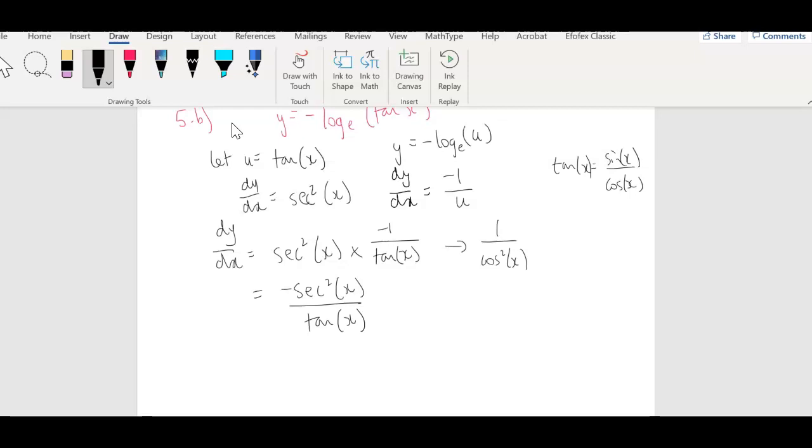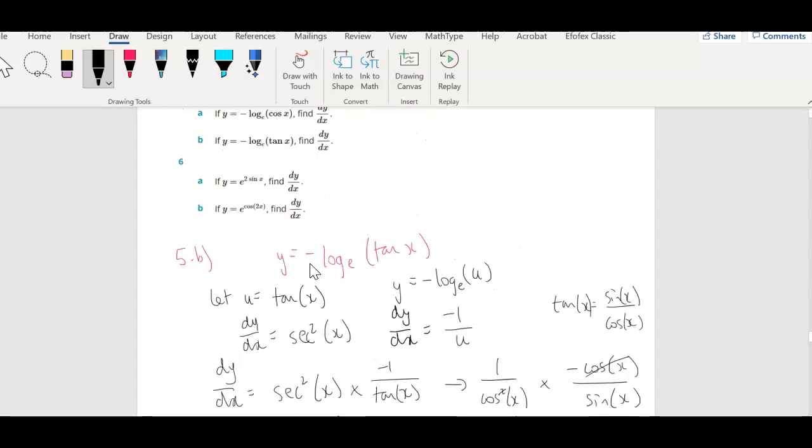So what I can write here, instead of -1 on tan x, that is the same as negative cos x on sine x. So I've just done the reciprocal because we've got 1 on tan x. So instead of being sine on cos, it becomes cos on sine. Now, this cos cancels out with one of these coses, and then we're left with -1 on the top, and then on the bottom, cos x sine x.